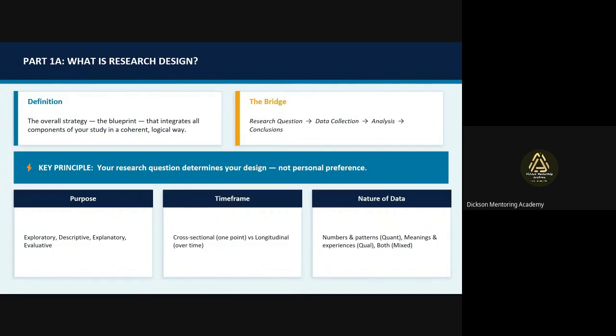Your research design is not chosen randomly. It must be aligned with your research questions, and it must be aligned with your research objectives.